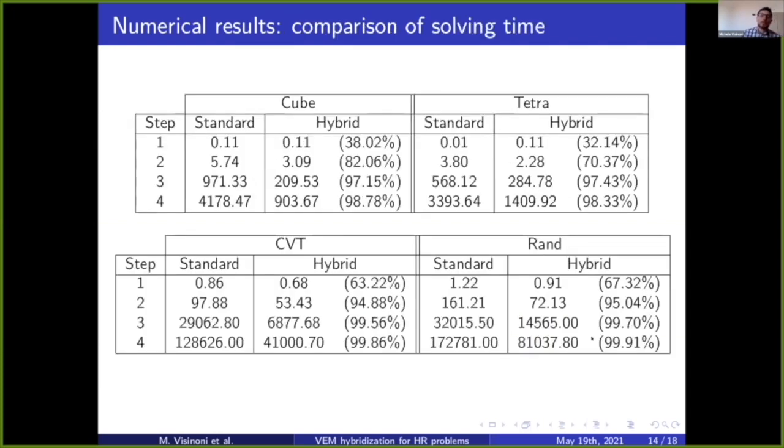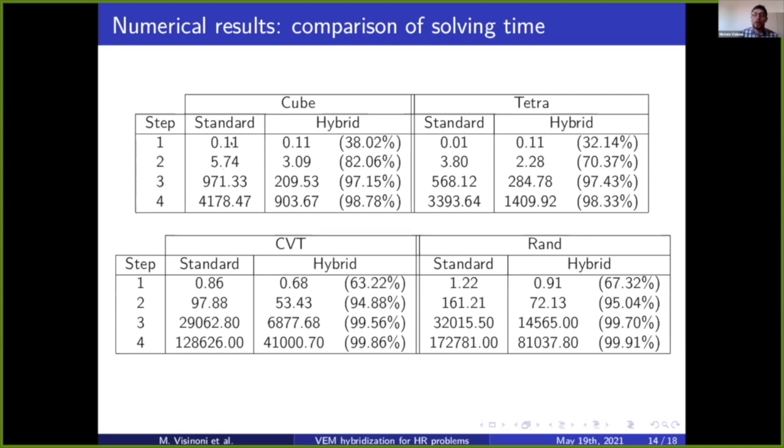The first result is about the comparison of the solving time between the 2 methods. With the term standard, I refer to the conforming VEM method, and hybrid uses the hybridization procedure. The results are for the 3D problems. In this column we have the solving time, expressed in seconds.